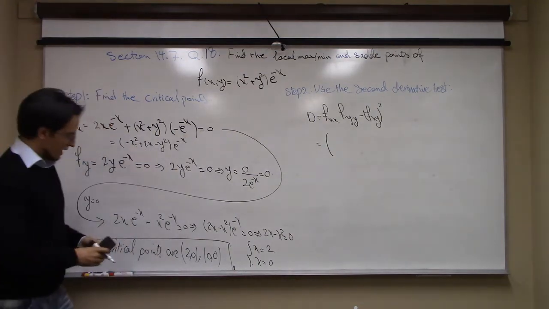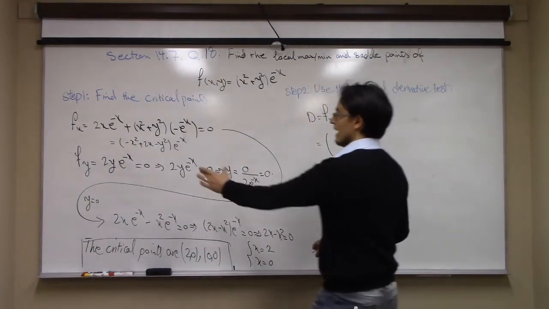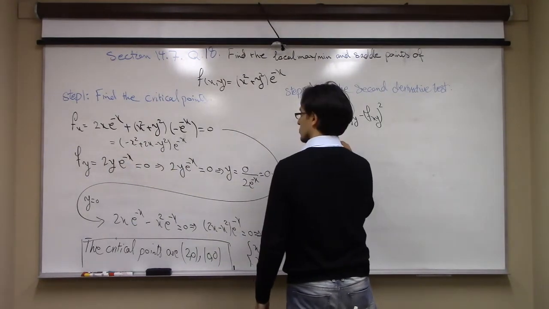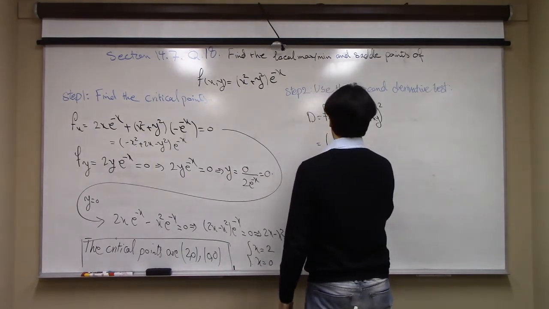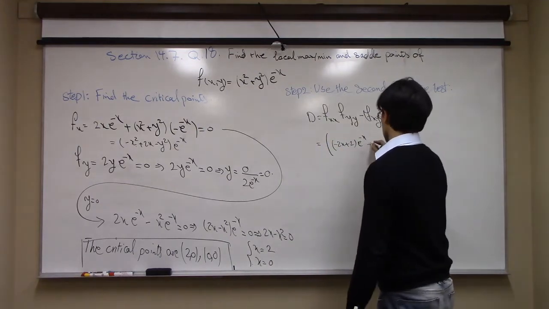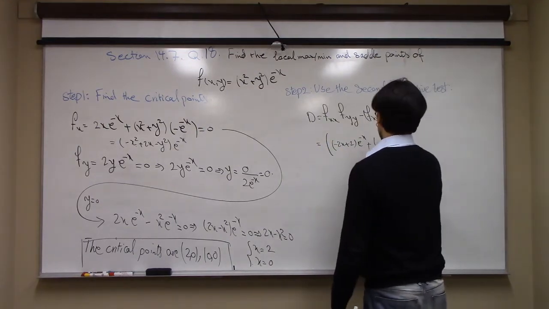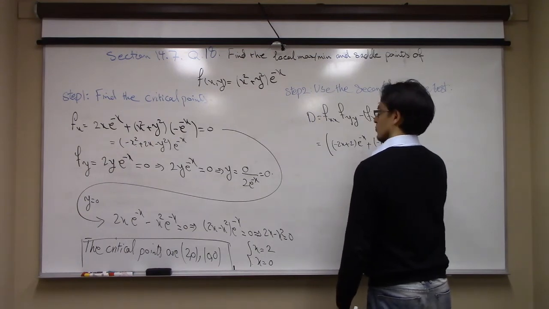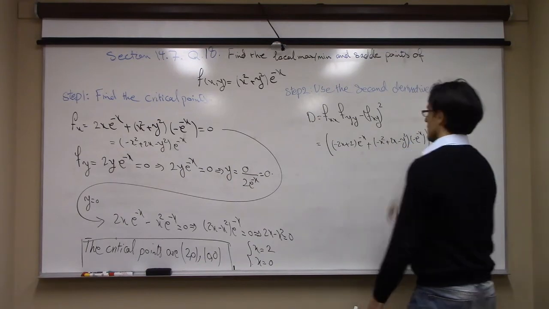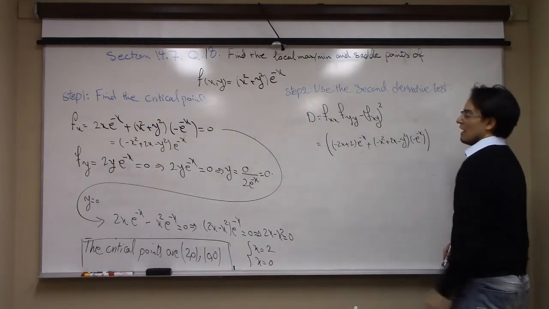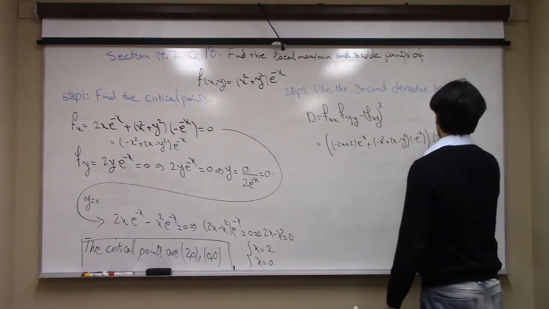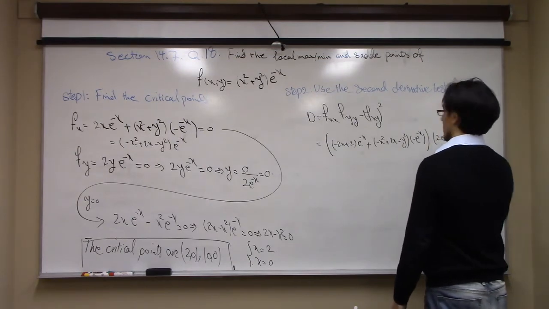I have to find the partial derivative of that with respect to x. Again the product rule: (minus 2x plus 2) times e to the power negative x plus (negative x squared plus 2x minus y squared) times minus e to the minus x. That's my fxx. For fyy, find the derivative of this with respect to y, which is 2e to the power negative x.